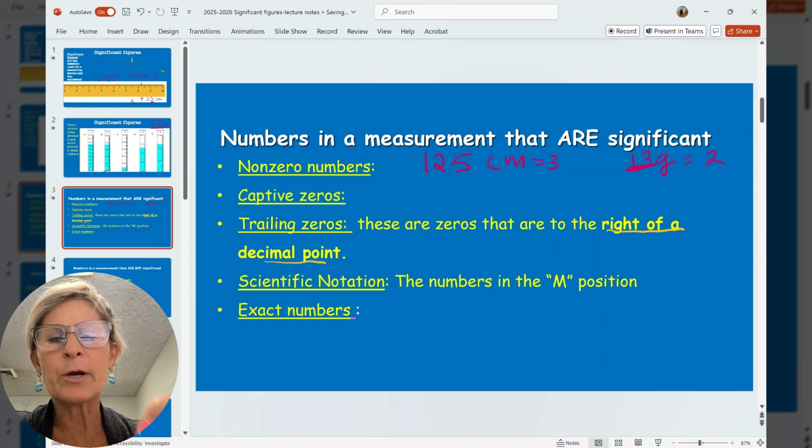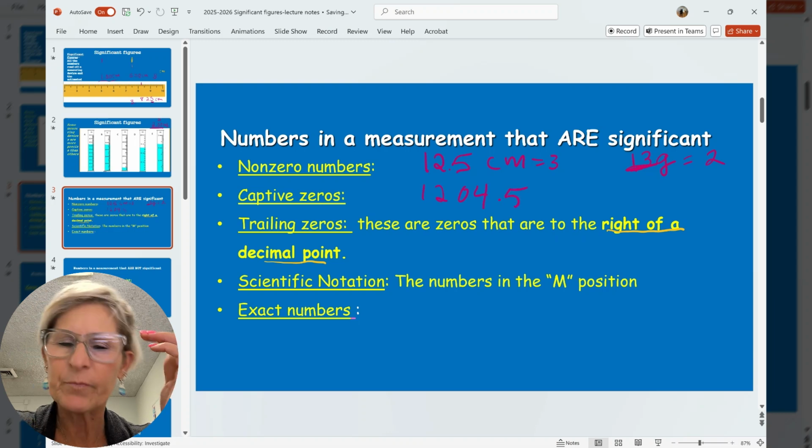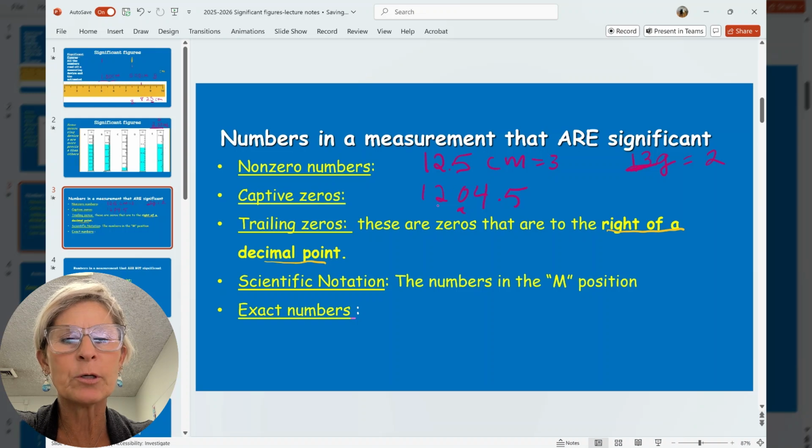Next, any zeros that are held captive between non-zero digits are significant. If I have a number like 1204.5, this zero is significant because it's captured between two non-zero digits. If I was to ask how many sig figs are in this measurement, you would tell me 1, 2, 3, 4, 5. Five sig figs.